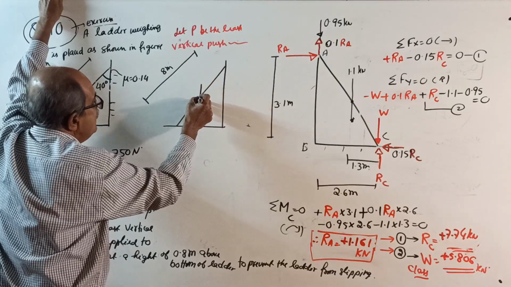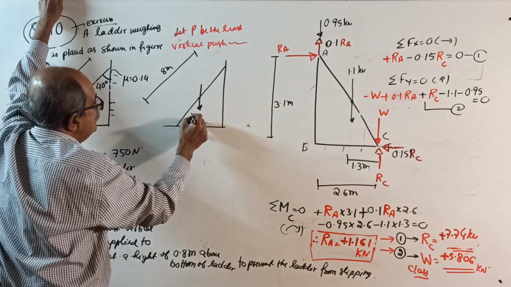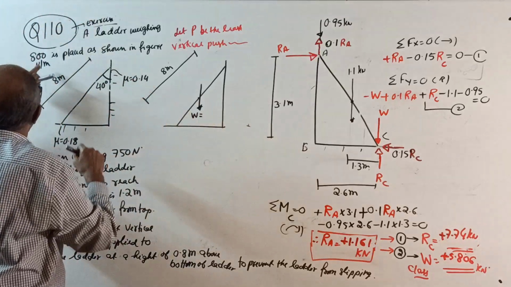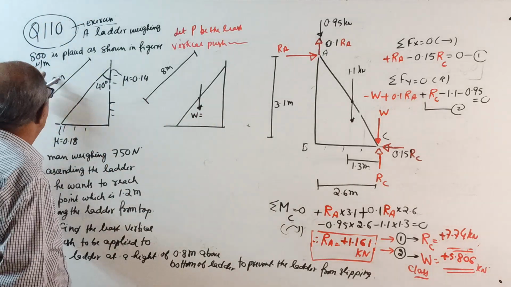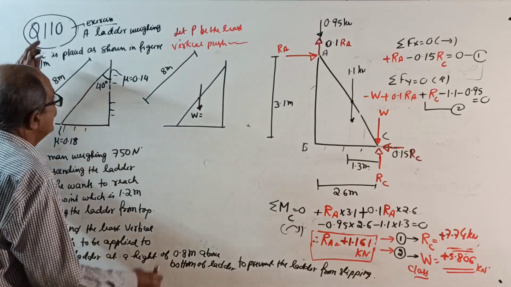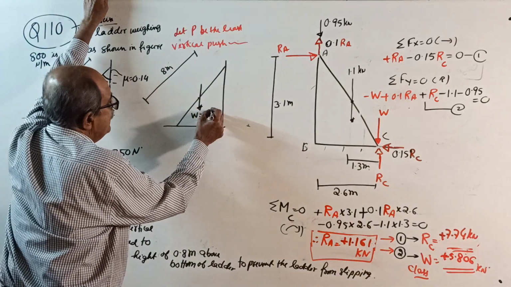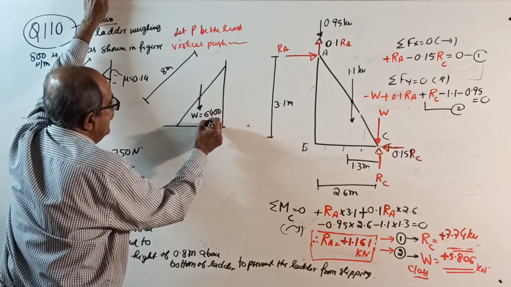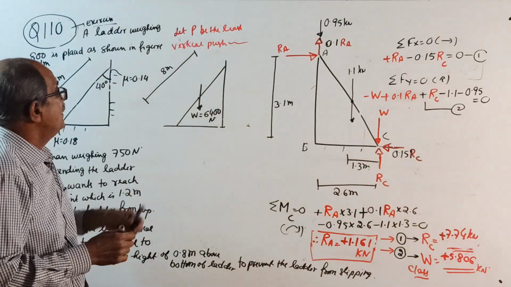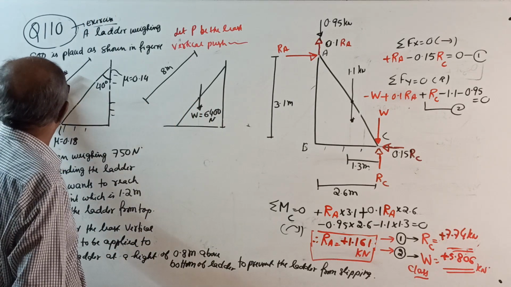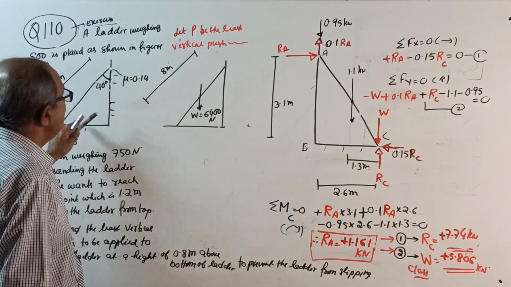Therefore, the weight of the ladder, W, will be equal to 800 Newton per meter times 8 meter, which is 6,400 Newton. You should write it: weight is 800 Newton per meter, length is 8 meter.